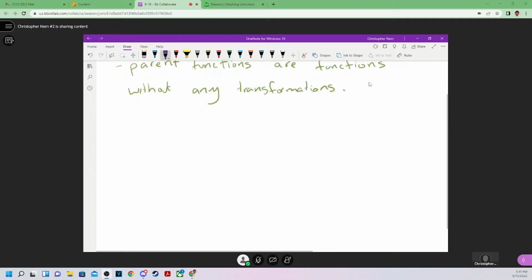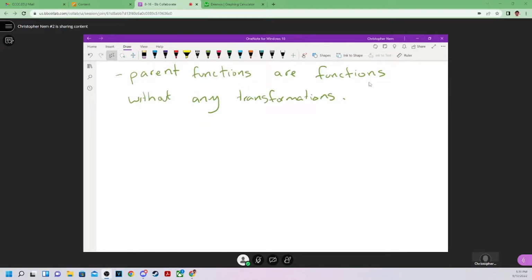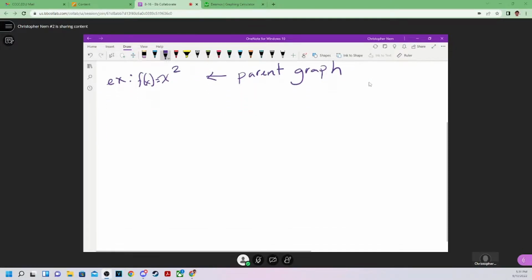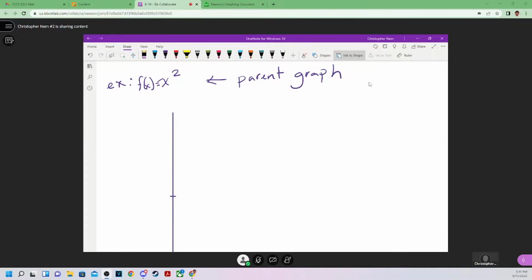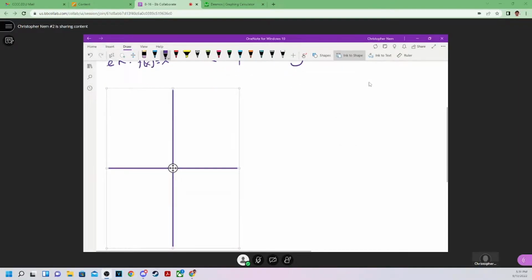Now, using those parent functions, let's take an example. We're going to take x squared. I like f of x equals x squared. This is a parent function, a parent graph. It's going to have a relative shape, and I'll make this gray.